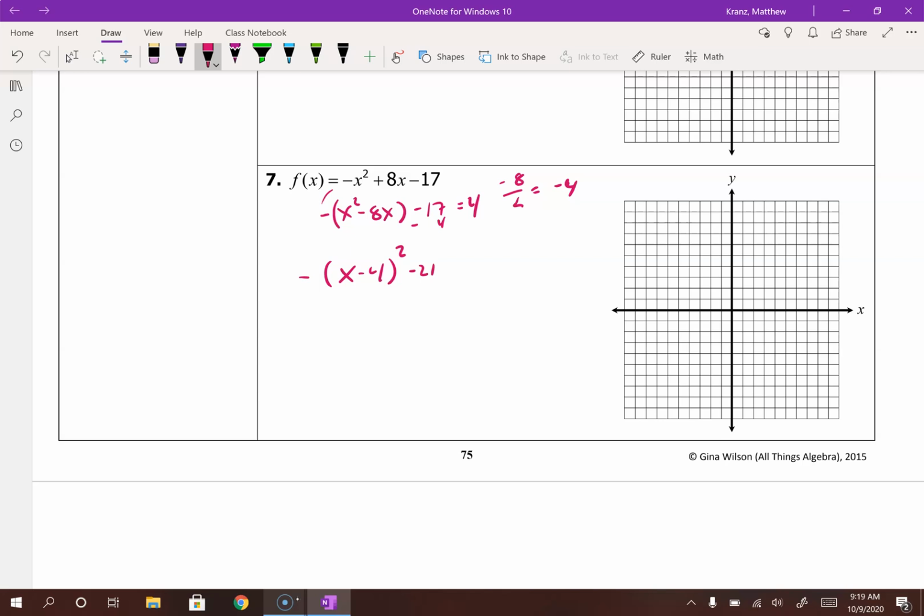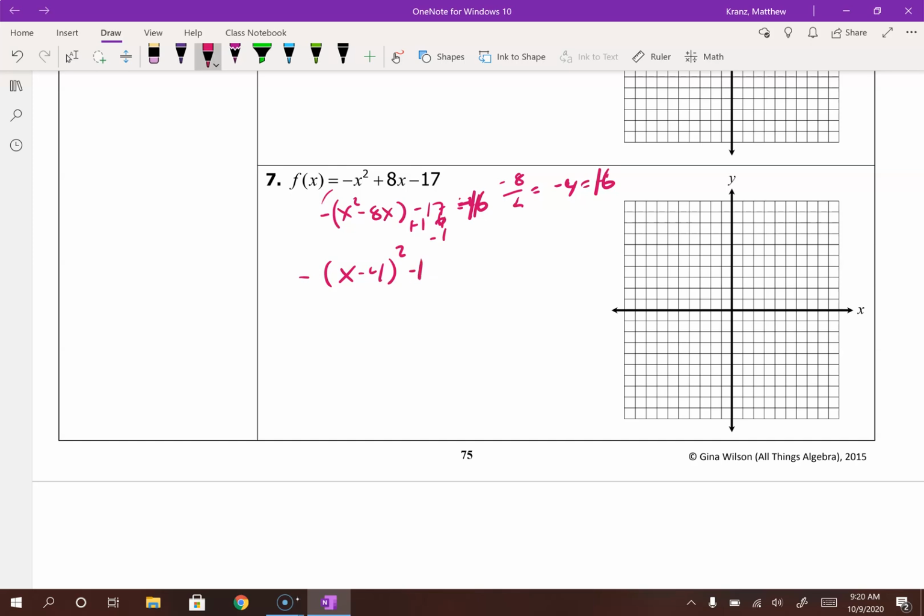I'm sorry, I forgot to square this. That is 16. So this would be a negative 16. Making this a positive 16 here makes this negative 1. So that is a negative 1.